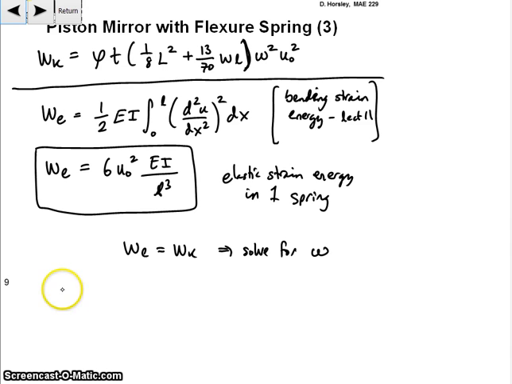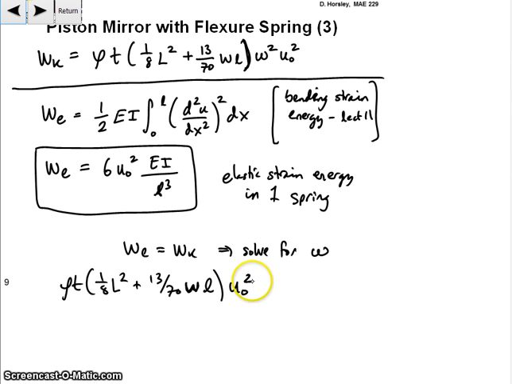WK is up here: rho T times 1/8 L squared plus 13 over 70 W, little L, times omega squared U naught squared, equals 6 EI over L cubed U naught squared.